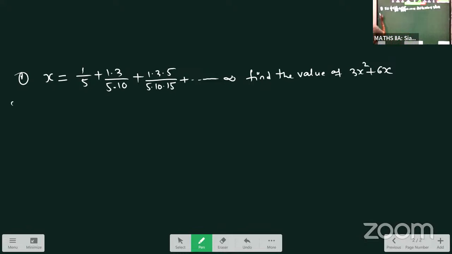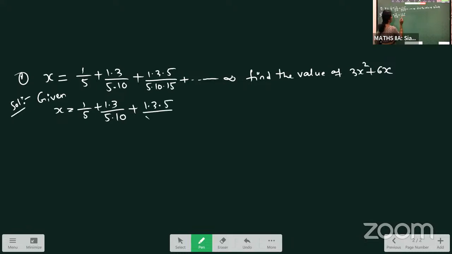The procedure goes like this. Given x is equal to 1 by 5 plus (1 into 3) by (5 into 10) plus (1 into 3 into 5) by (5 into 10 into 15) plus so on infinity.